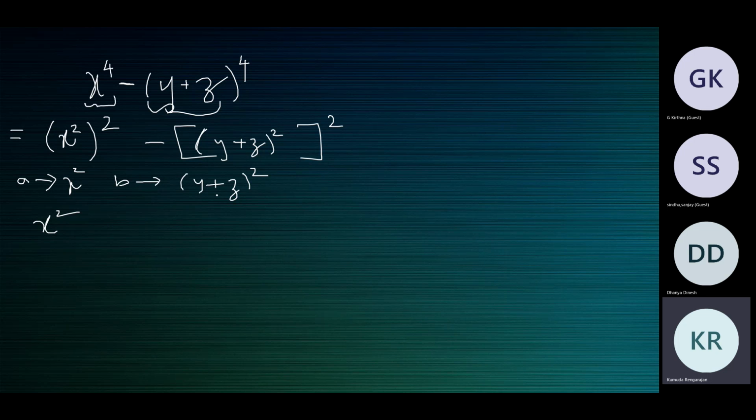Write these two terms connected by a minus sign in one bracket and the same two terms connected by a plus sign in the other bracket. This is a, this is b. a minus b in one bracket, and in the other bracket, write a plus b.